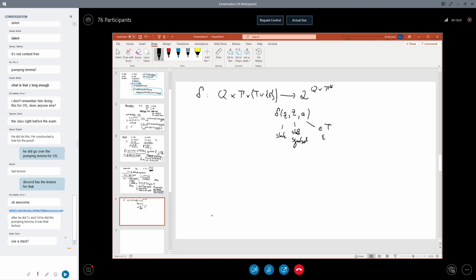And so this says we have a state and a string over the stack symbols. Because this is the set of all subsets of this, it means that effectively we have a pair consisting of a state and a string of stack symbols that is an element of this delta QZA.